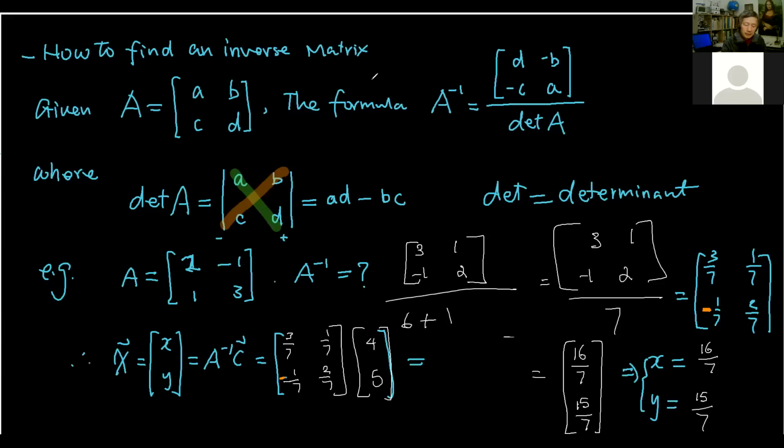So basically, you said 3/7 multiplied by 4, right? So that's 12/7, plus 1/7 multiplied by 5, which is 5/7. And then this is negative, because of the negative sign, plus 10/7.